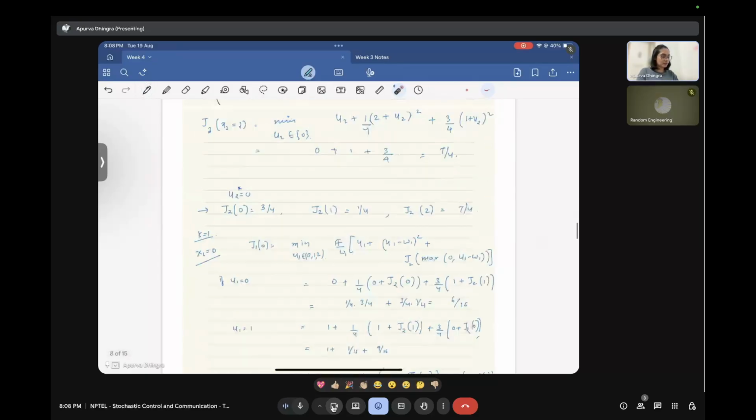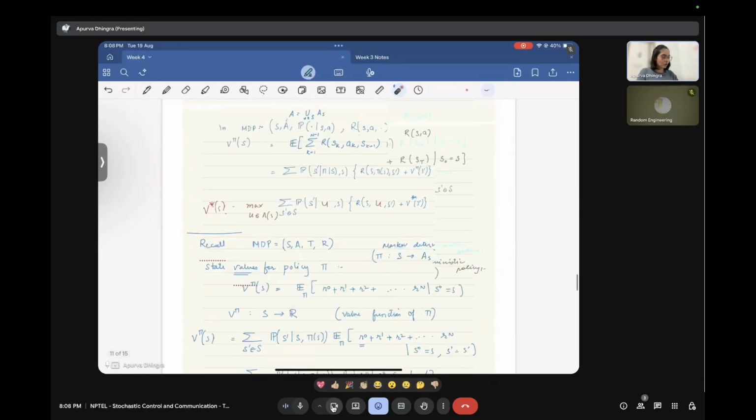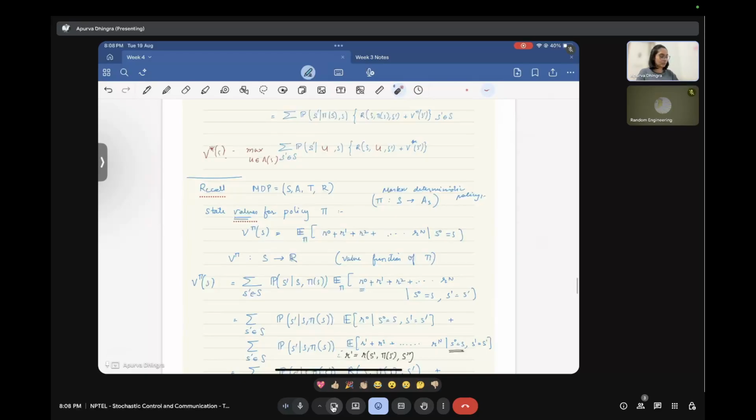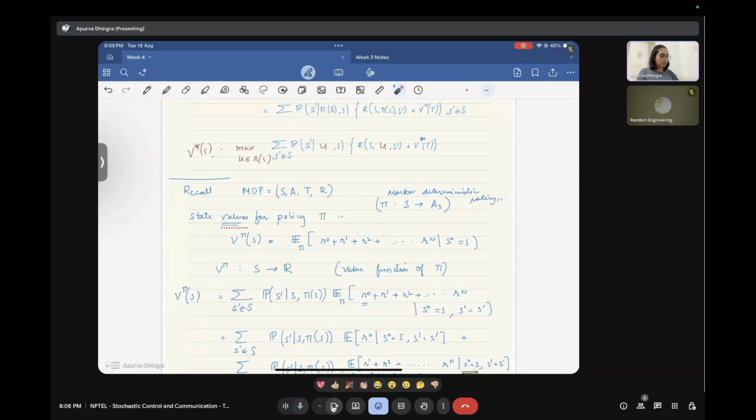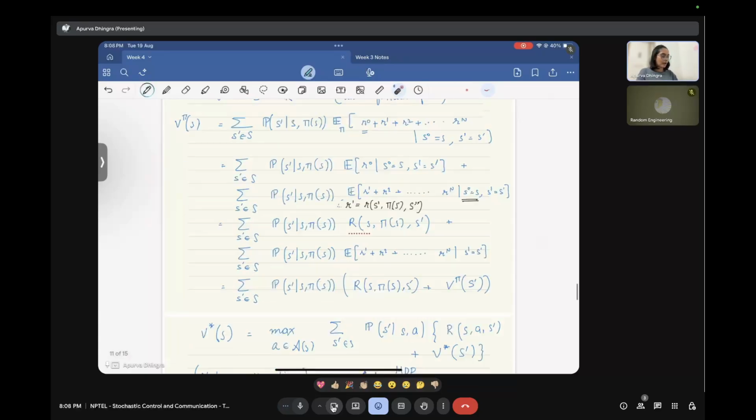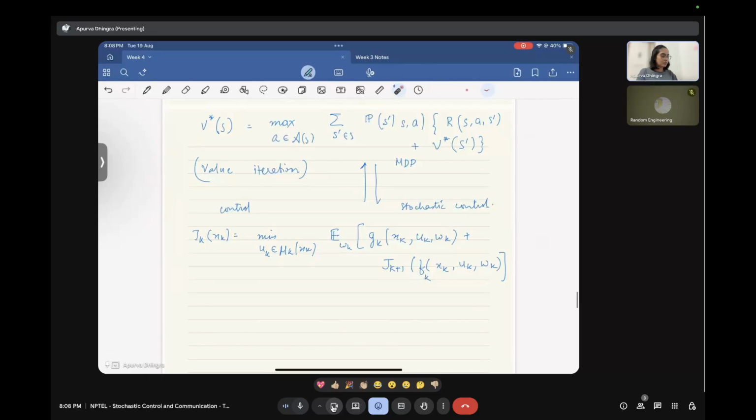And last, this was something not covered in the lectures, but we also saw how to do similar things if what we have is an MDP structure, and what we used is called the value iteration method.